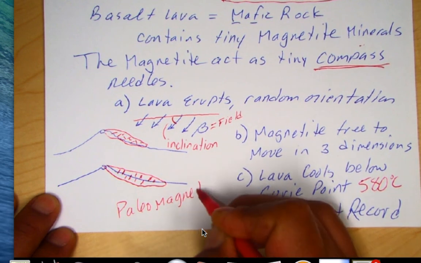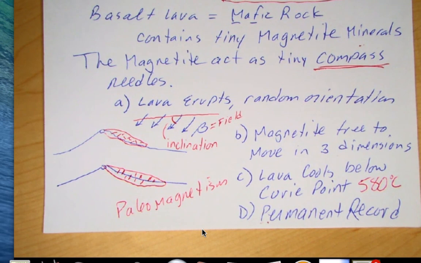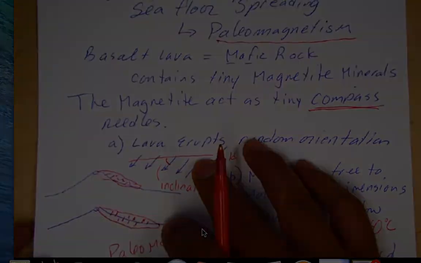Now this rock, through plate tectonics, is going to be moving, and it's going to remember its original position of formation, even though it's moved to a different position on Earth. So that's the phenomenon of Earth's magnetic field and paleomagnetism.